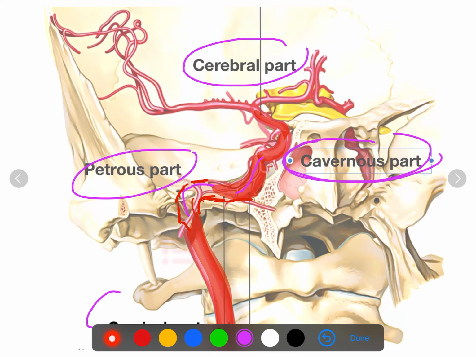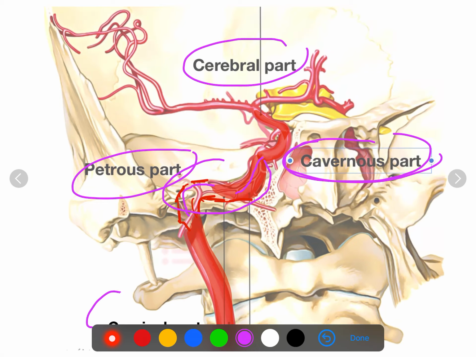So the petrous part is the part which is lying in the carotid canal and the foramen lacerum. Through the upper part of the foramen lacerum it enters into the middle cranial fossa. Here it lies in relation with the cavernous sinus. It passes along the floor and the medial wall of the cavernous sinus.